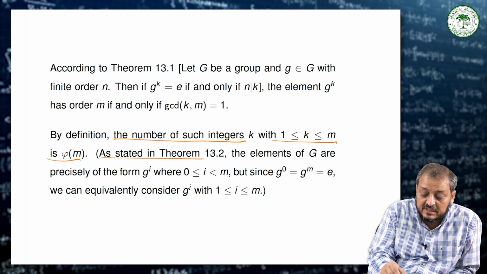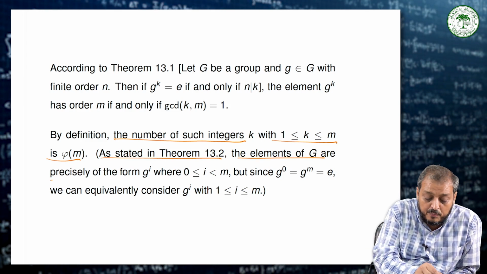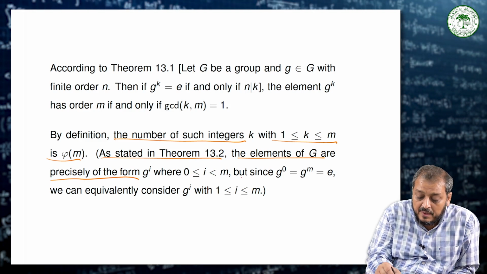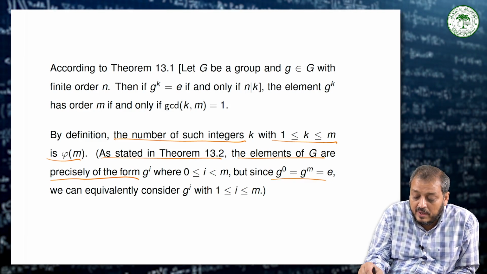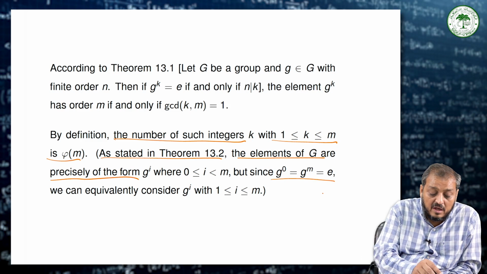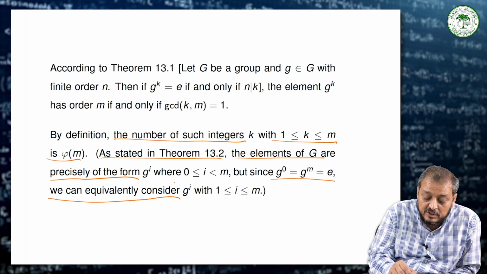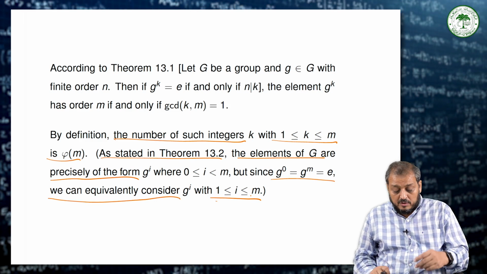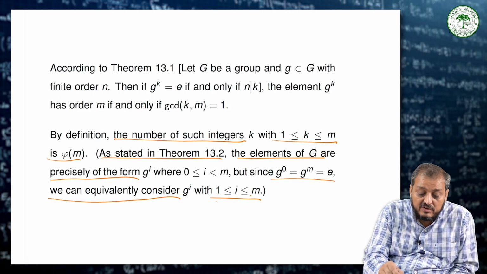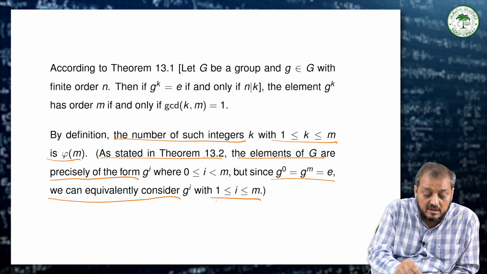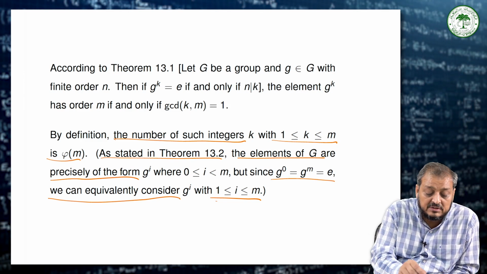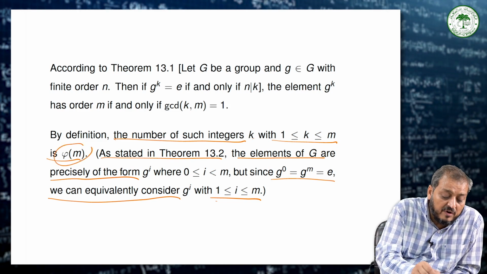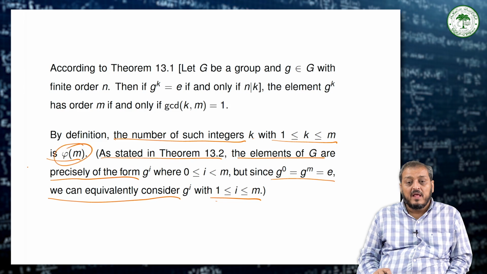As stated, the elements of the group are precisely of the form g to the power i, with i lying between 1 and m. Since g to the power 0 equals g to the power m, which is the identity, we can equivalently consider g to the power i in this range. So the number of such integers k is phi(m).